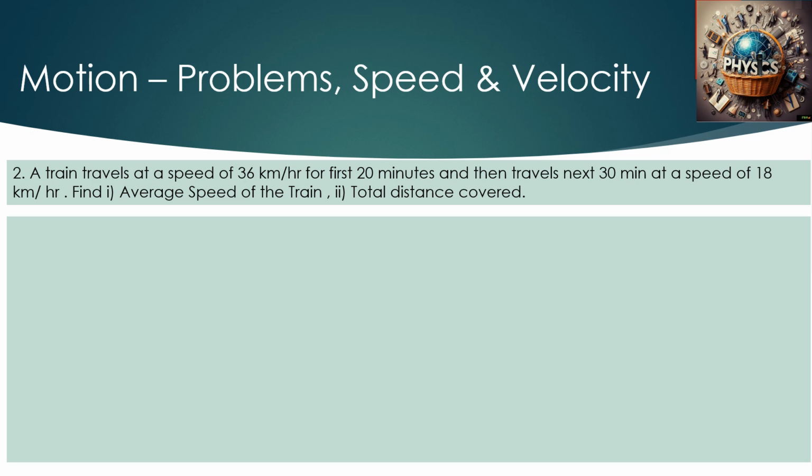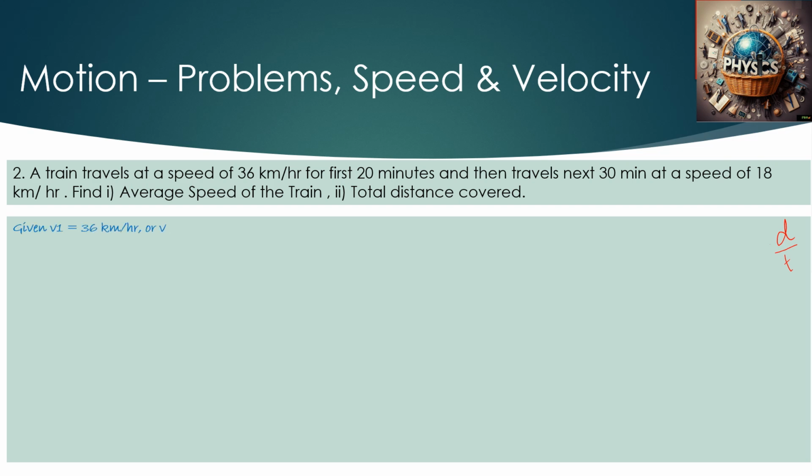So average speed, as we know, is the total distance by total time. So we need to find the total distance that it has covered during both the intervals of time, that is 20 minutes plus the next 30 minutes, and then the total time taken. Total time taken is of course 20 plus 30 is equal to 50 minutes, right? So that's what we need to find out.